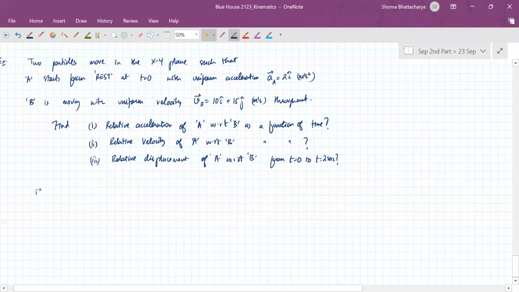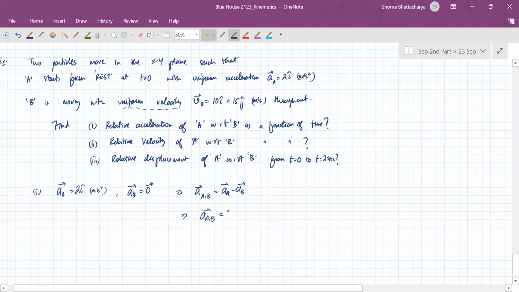Okay, so first part you can see that acceleration of A is 2 I cap in meters per second square, and it is given to us that acceleration of B is 0 because it's moving uniformly. It says it moves with uniform velocity, so its acceleration is 0. So therefore, acceleration of A with respect to B will become acceleration of A in ground frame minus acceleration of B in ground frame.